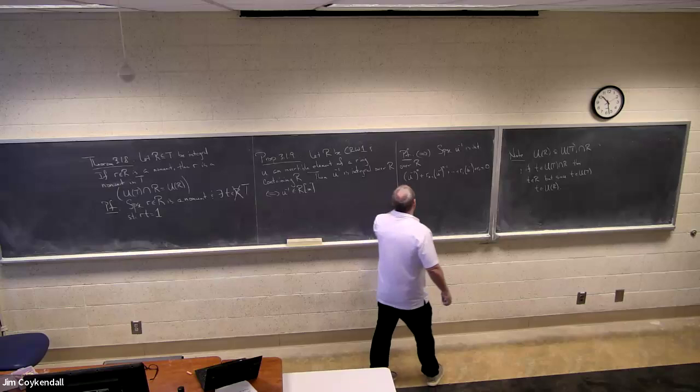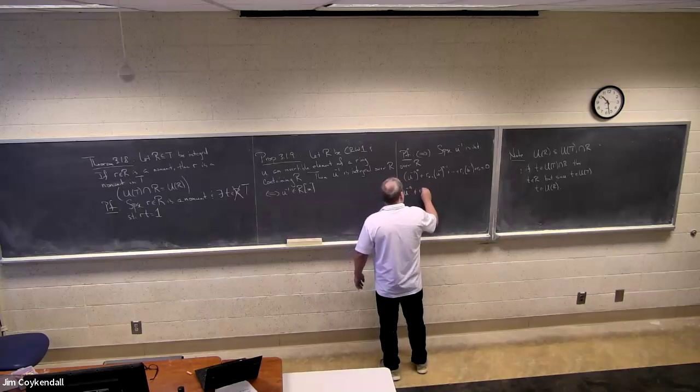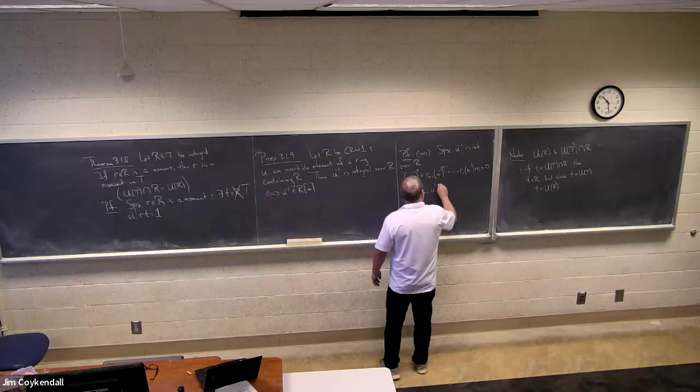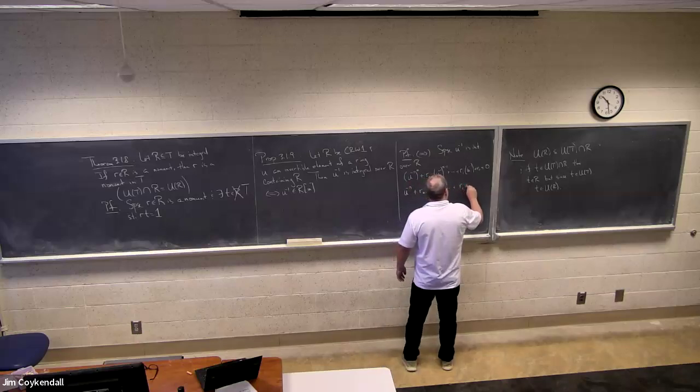So actually, it might be clearer for me to do this: u to the minus n, plus r_{n-1} u^{-(n-1)}, up to r_1 u^{-1}, plus r_0, equals zero.